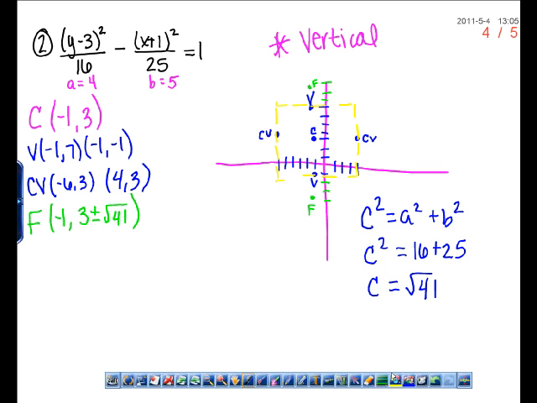All right, once you draw in your box, then what? Your asymptotes. And how do you know where your asymptotes go? Through the center and through the corners. Good. So through the center and through the corners.